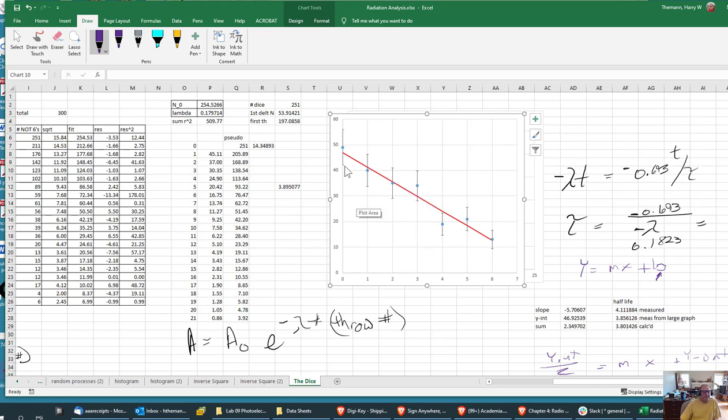It's not that big of a deal. Much less of a big deal than trying to fit with an exponential. Some of us may yet do that, and that's fine. And in fact, strictly speaking, you would fit this with an exponential, but the error bars are so big compared to the delta y here, it would be a pretty ambiguous fit.